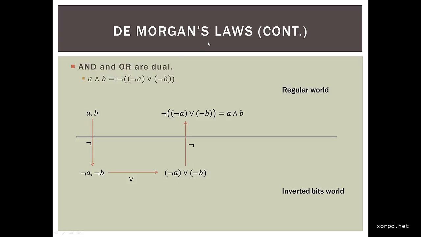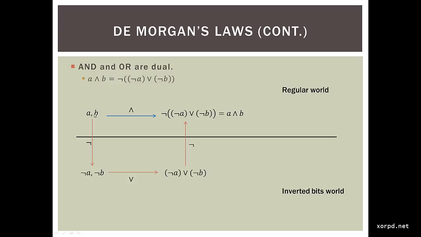By De Morgan's law, we know that this expression equals A and B. So basically we can see that we can do this operation A and B in two ways. We can just do it directly, A and B, and get the result. Or we can do something else.